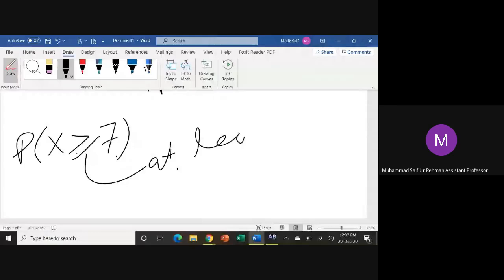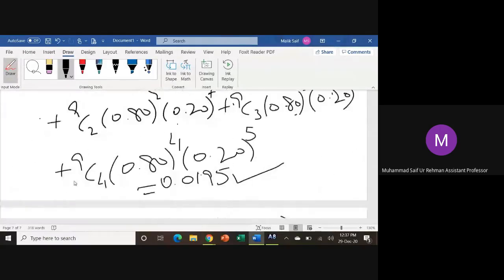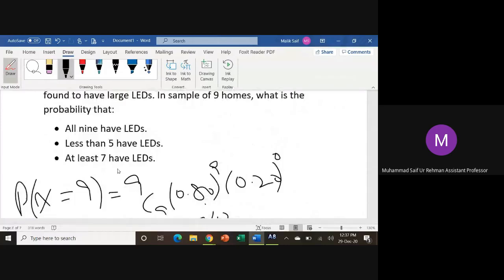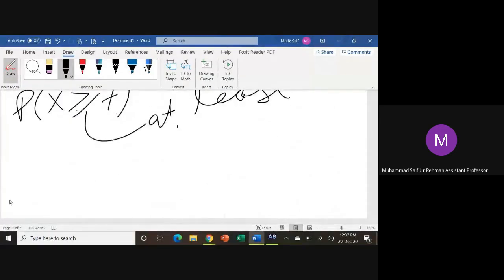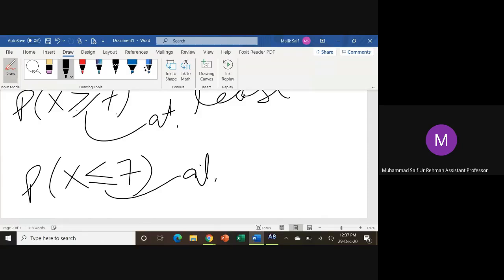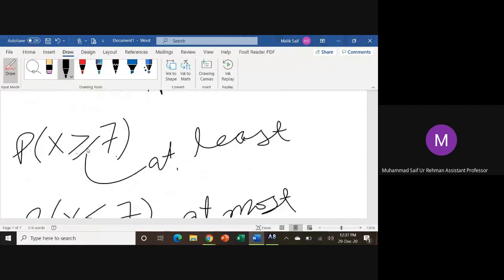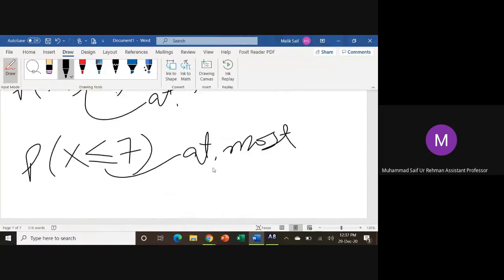And if the question was what is the probability that at most 7 have LEDs, then you will write it as probability of x less than or equal to 7. So this is the probability when you are interested in finding at most. So remember it: greater than or equal to 7, less than or equal to 7. This is for at least and this is for at most.